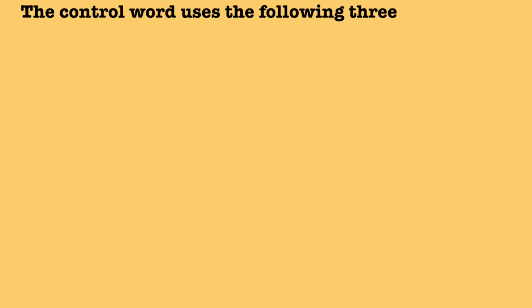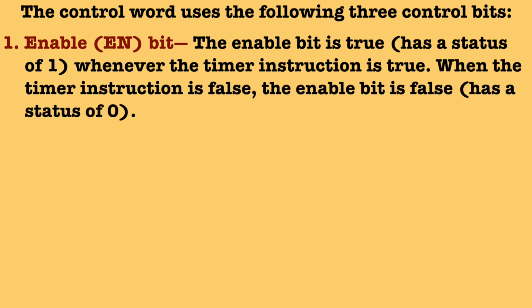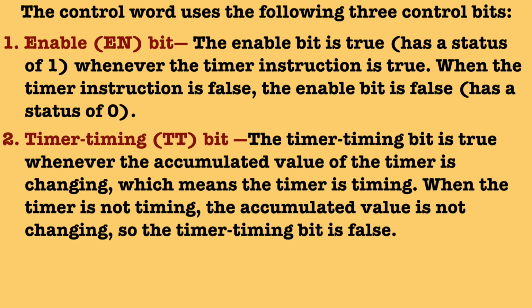Next, the control word uses the following three control bits. As I already mentioned, the enable bit is true whenever the timer instruction is true. When the timer instruction is false, the enable bit is false. Timer timing bit, TT, is true whenever the accumulated value of the timer is changing, which means the timer is timing.